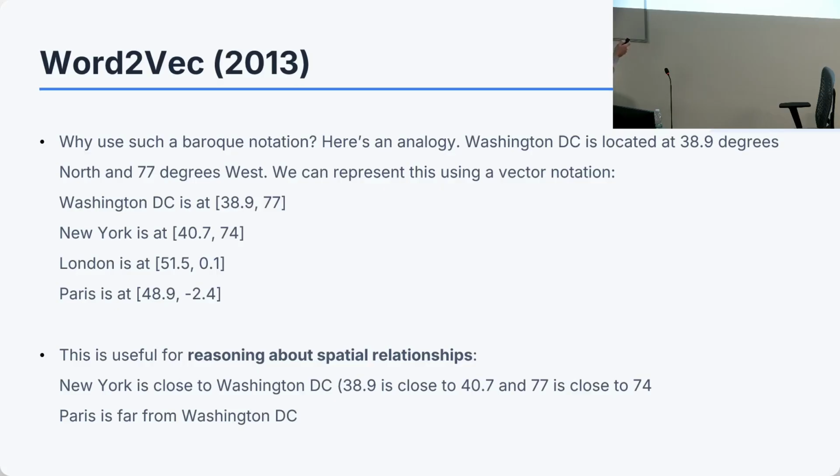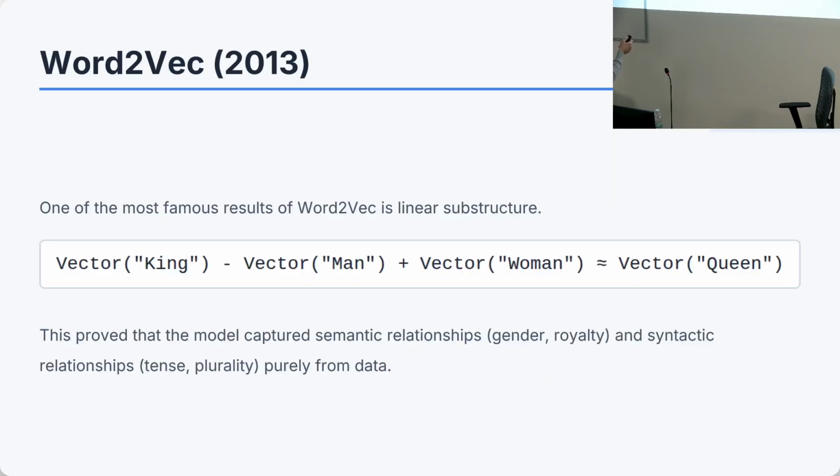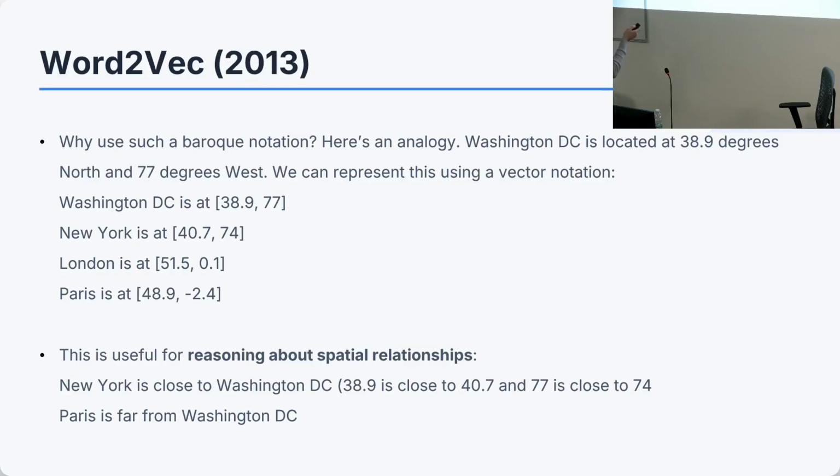With such notation, and just to try to understand what's behind this vector notation, that we didn't actually explain yet, let's adopt this analogy. Washington DC is a city and there's a place on the map. Let's imagine a bidimensional space. You have a latitude and a longitude.